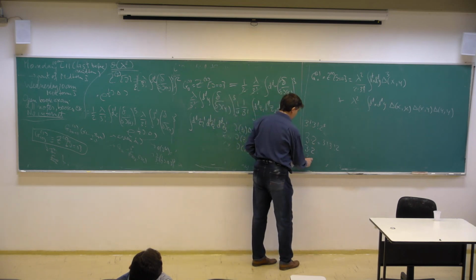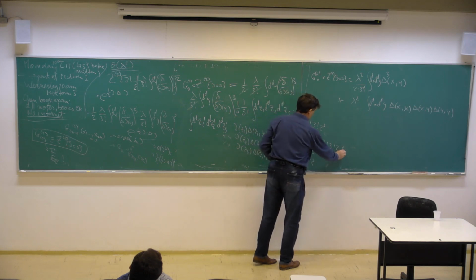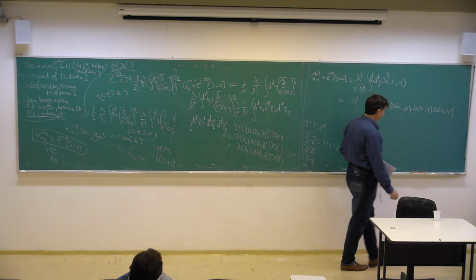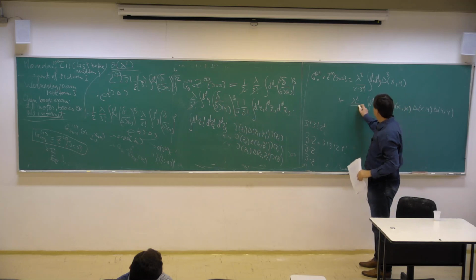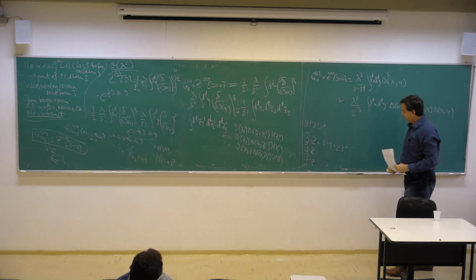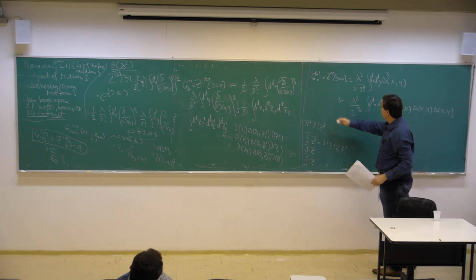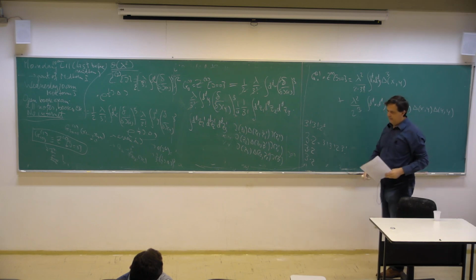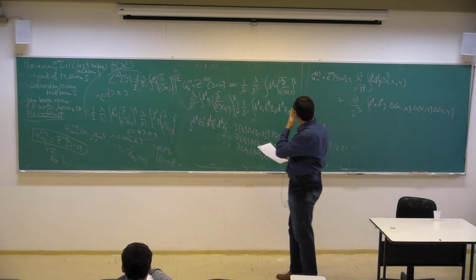So that's also 3 times 2. Okay. All in all, this gives me this. All right, so this is the final result for the 2-point function.